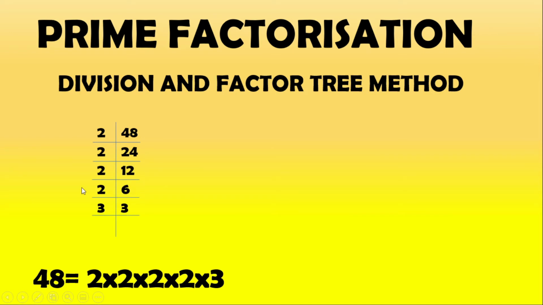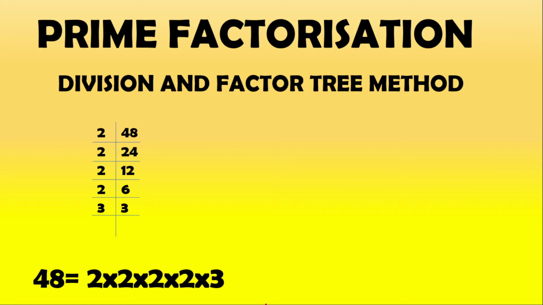So 6 is divisible by 2, and when we divide it, we get the answer 3. Now we have to stop here because 3 is a prime number, so it can't be divided further. We can only divide 3 by 3 itself, and we get the answer 1. When we get 1, we have to stop.